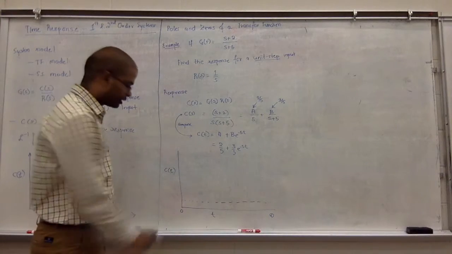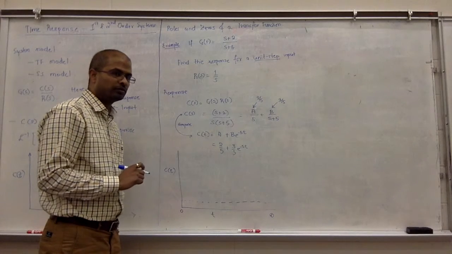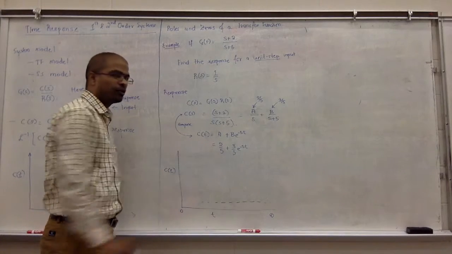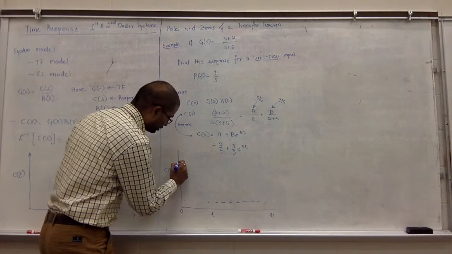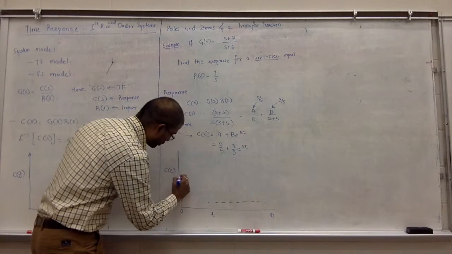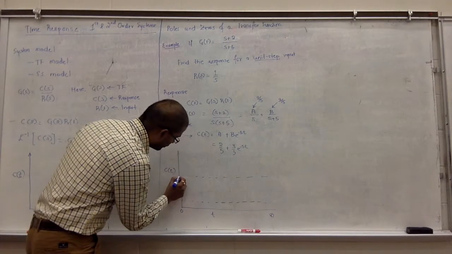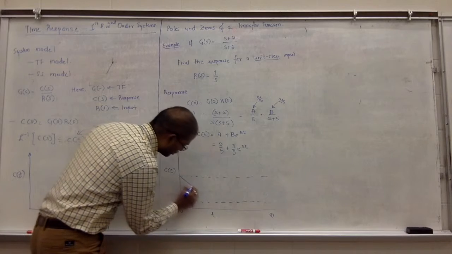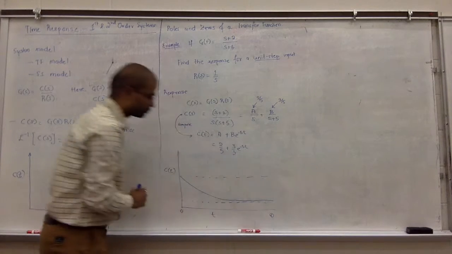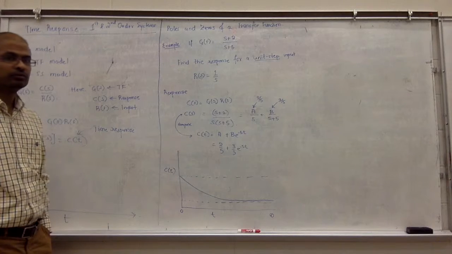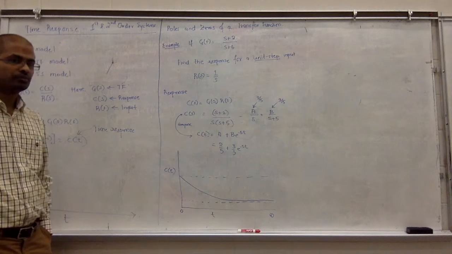What is the response when t equal to 0? That's 2 over 5 plus 3 over 5, which is 1. So if you look at this, this is your 1, and your response will look like this. It's decreasing, an exponentially decaying system.